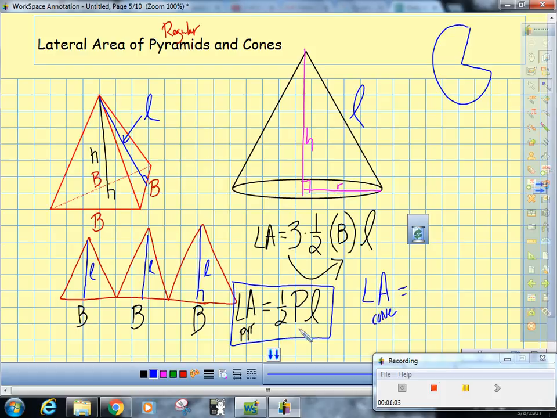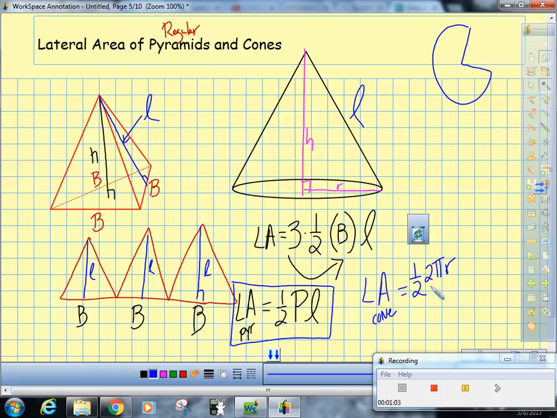What does this stand for right here? 1/2 the perimeter of the base times the slant height. Do circles have perimeter? They do not. What do they have? Circumference. So it's 1/2. What's the circumference of a circle? I'm going to call it 2 pi r, and you'll see that for a reason, because the 1/2 and the 2 are going to cancel.